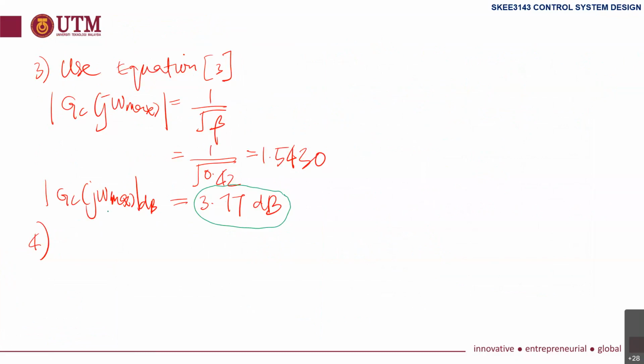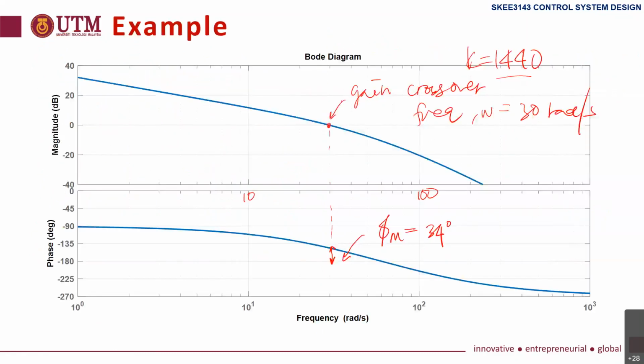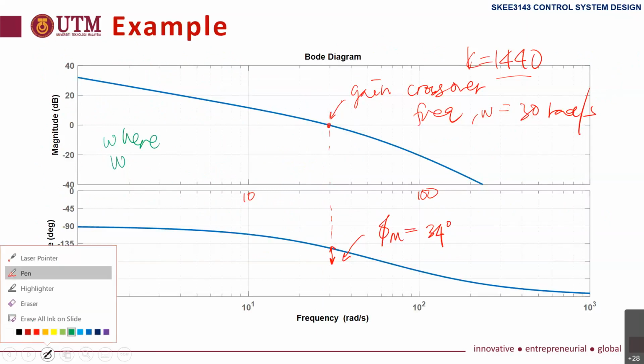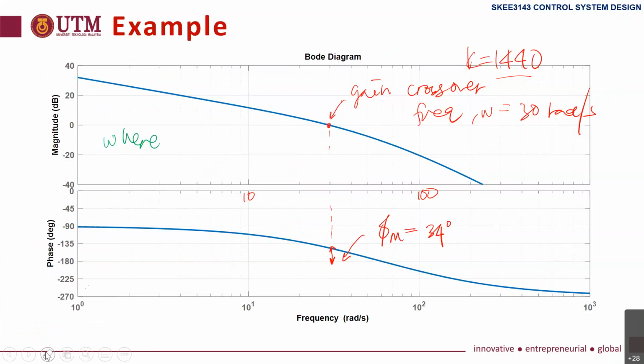And we want omega max to be the new gain crossover frequency. In order for omega max to be the gain crossover frequency, we need to find where the magnitude equals minus 3.77.